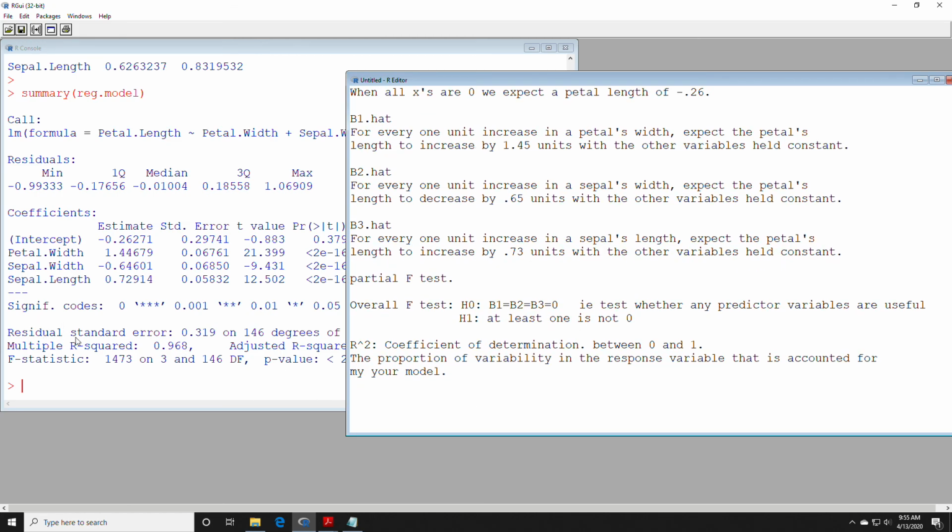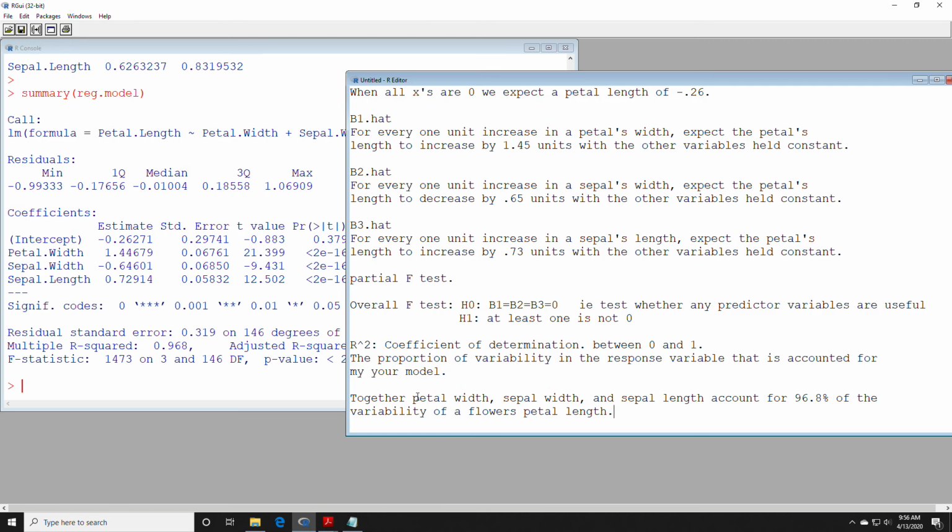So I want to interpret this multiple R squared in this context. Together, my three predictor variables, petal width, sepal width, and sepal length, account for 96.8% of the variability in a flower's petal length.